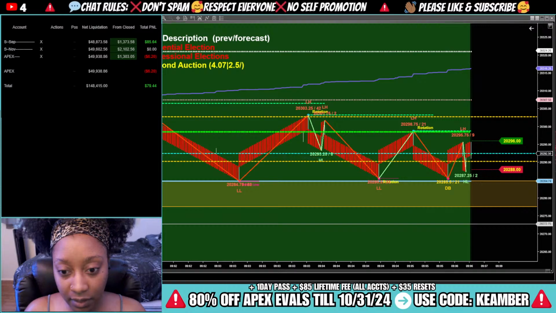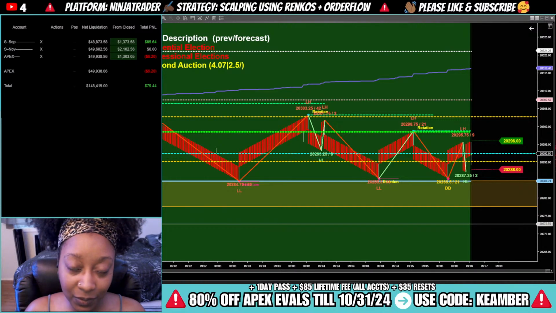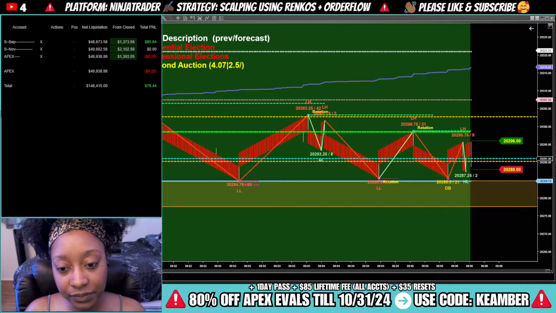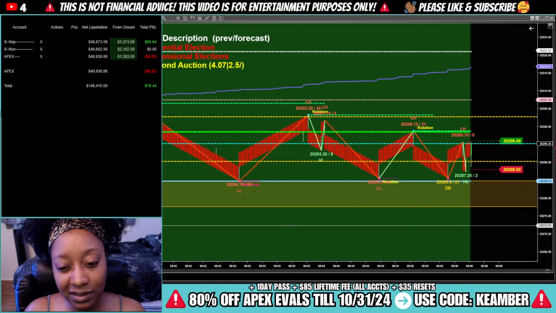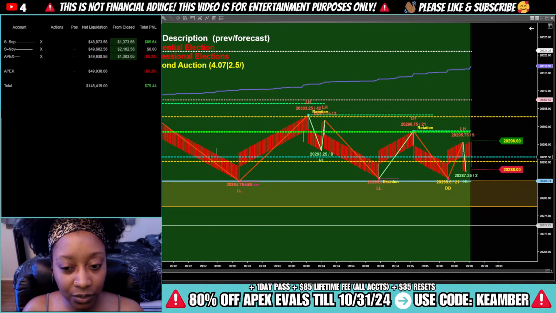I still have to figure out how to trade my alternate counter trend divergence, which was my favorite when I was trading order flow. I still haven't figured that part out. But it's so crazy because some of the rules that are starting to be incorporated now kind of match a little bit what I was doing with order flow.